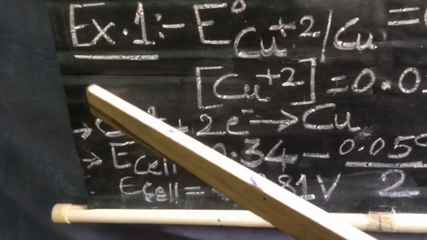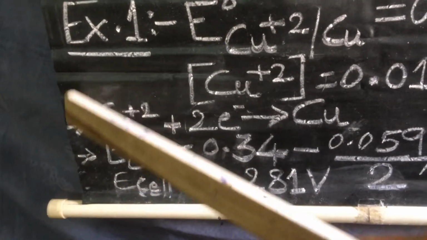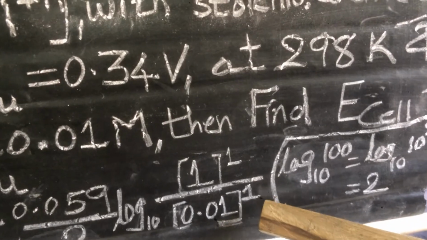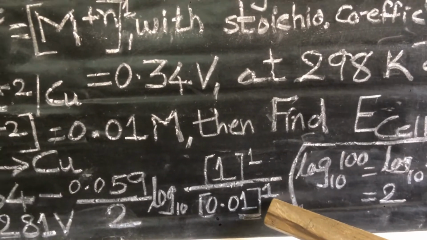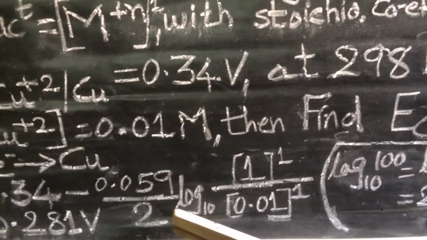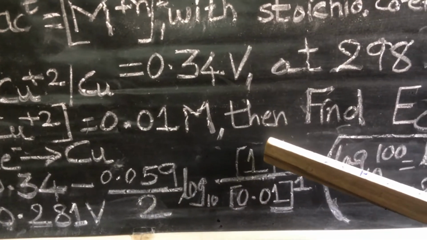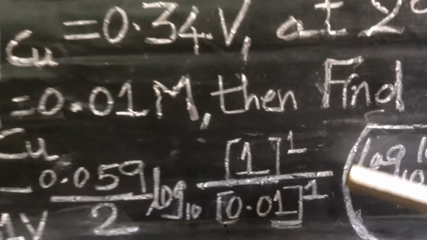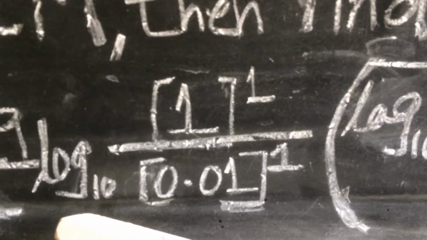Looking at the reaction, there is no coefficient for Cu plus 2, so here the power is only 1. Now please pay attention to this. Log of 1 to the power 1 divided by 0.01 to the power 1, to the base 10.